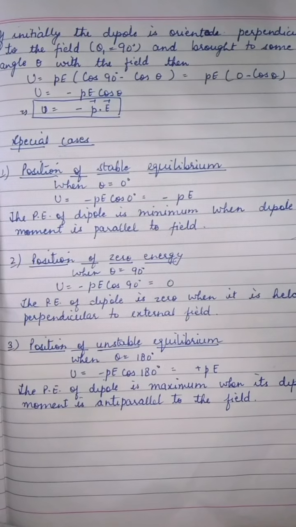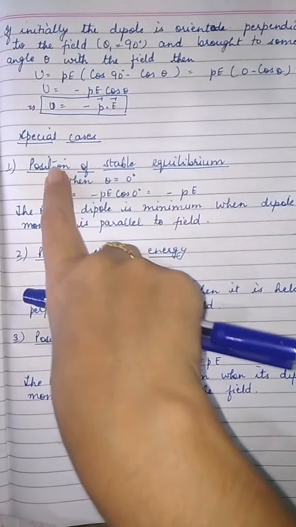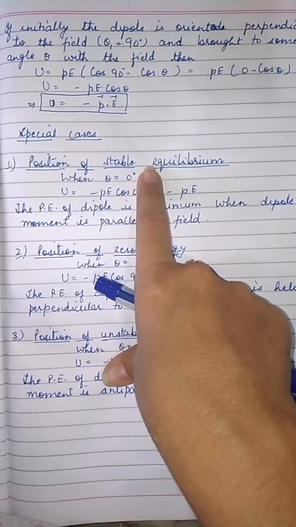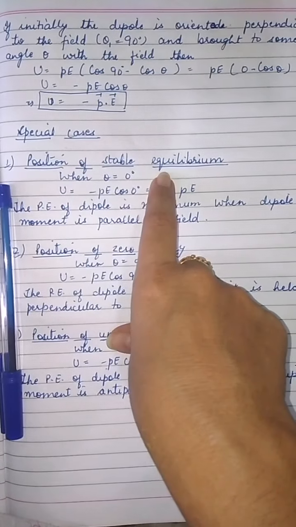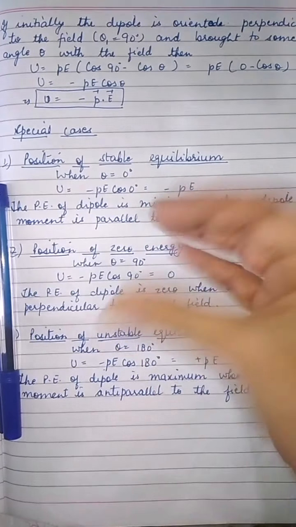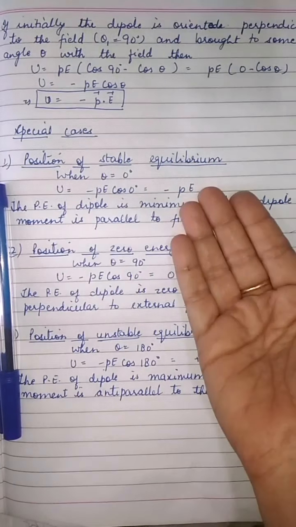Now there are some special cases. These are very important cases. First is the position of stable equilibrium. When we say that something is in equilibrium, it has less energy; when the energy is very low, we can say that it is in equilibrium.